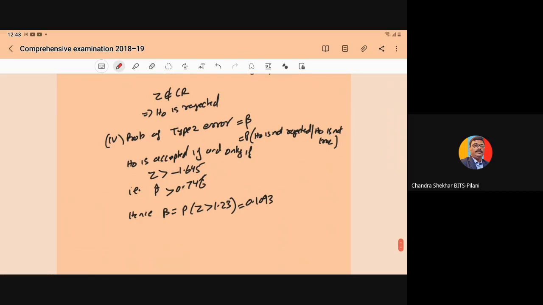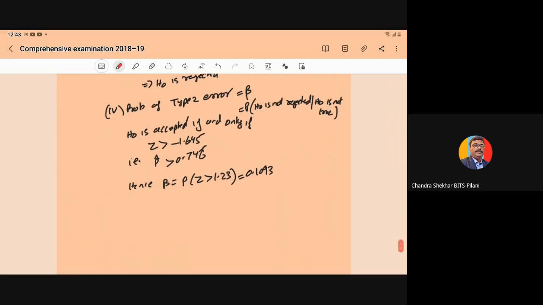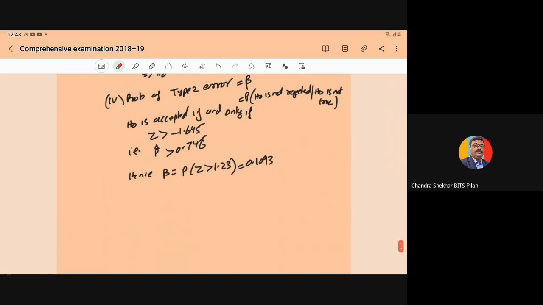So here you will get p cap greater than 0.746. So beta will become the probability of Z greater than 1.23. So from the table, if you see, its value will be 0.1093.